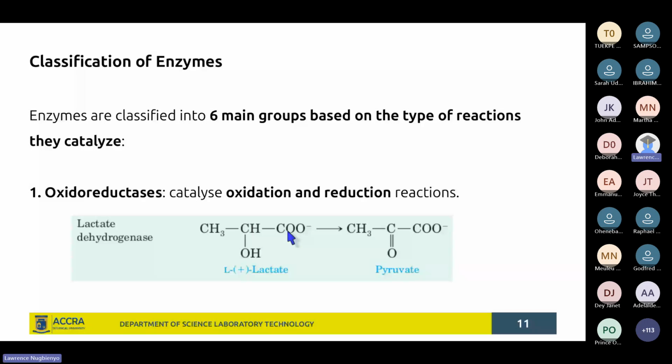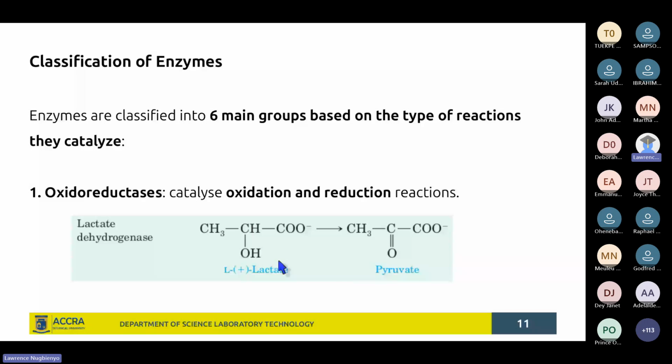If you look at these two, lactate and pyruvate, the difference you notice is that there is a hydroxyl group, OH, on the central carbon. In place of that OH, you see there's a C double bond O in pyruvate. So what is happening is the process of oxidation.